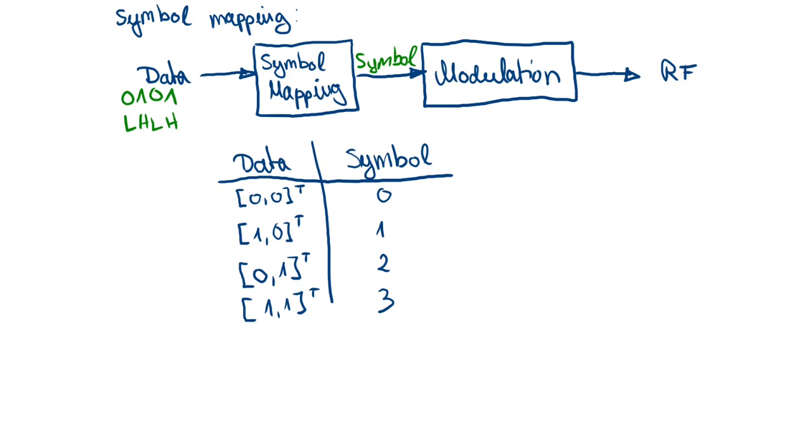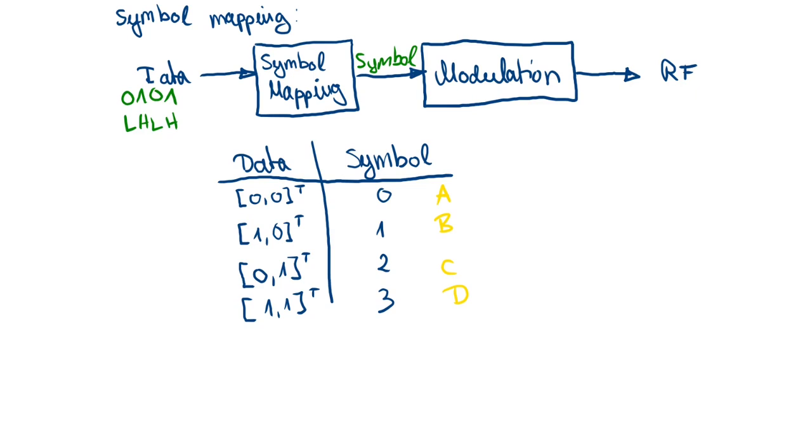And below there's an example which maps 2 bits to 4 discrete symbols. Yeah, so this is also just an example representation, so you can also name symbols differently, like A, B, C, D, or something else. But that's also not important here. What's important is that the symbol is a discrete value.